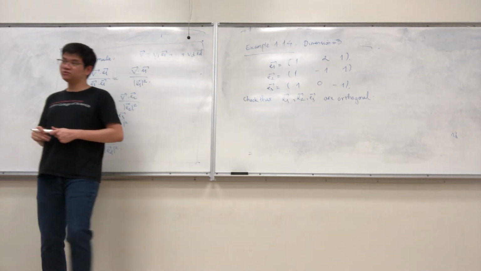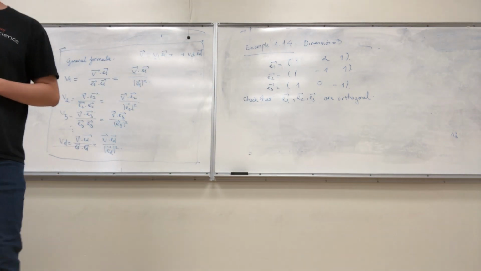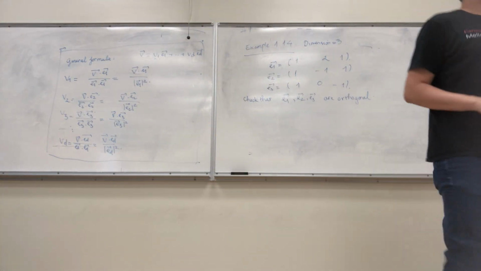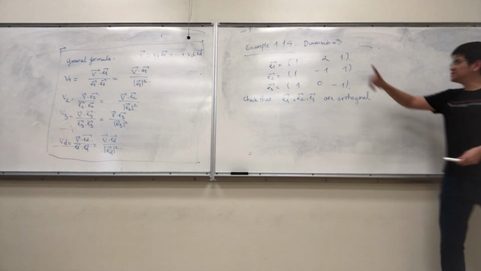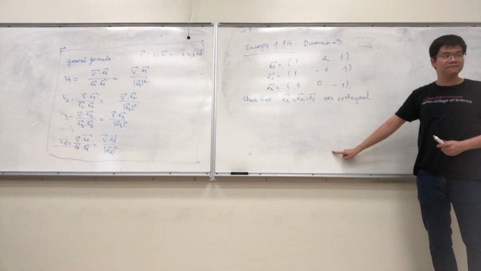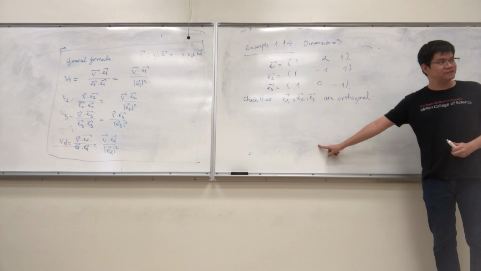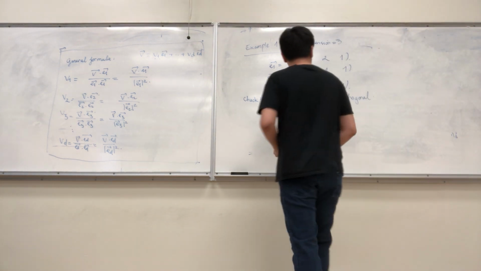So the first step we want to do is to check that these three vectors are orthogonal. So if they are orthogonal, we have three vectors that are orthogonal in dimension 3, which means that these form an orthogonal basis, right? It's clear?